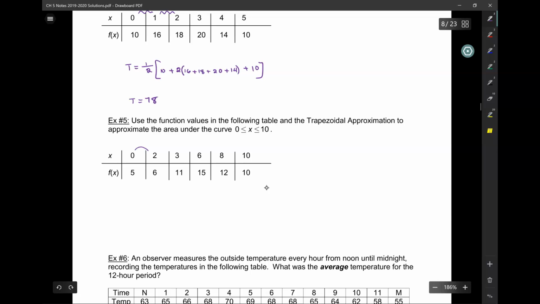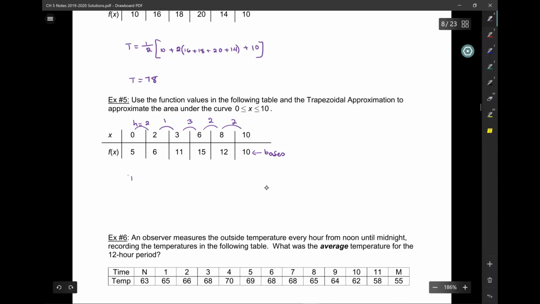So here I have my height equal to 2, then 1, then 3, 2, 2. So those are all your heights, and then these are going to be the bases. So T equals. Now this one, I can't collect h over 2 outside, right? I have to do each one separately. So for the first trapezoid, it's going to be 2 over 2, 5 plus 6. Then 1 over 2, 6 plus 11.